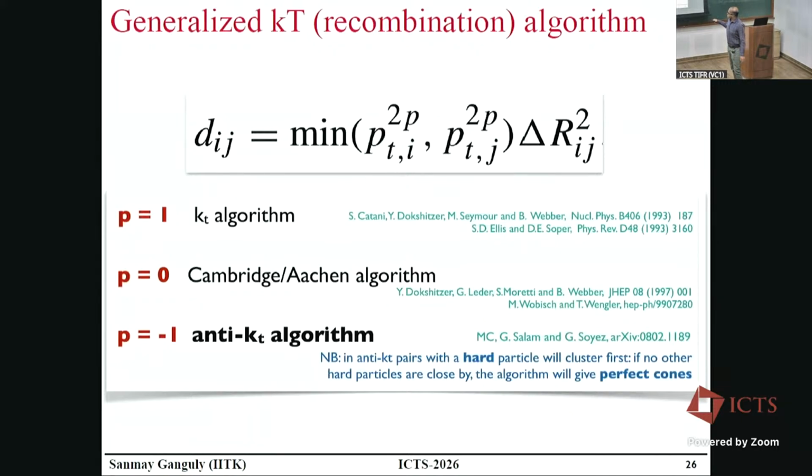First of all, remember that when you plug p equal to 0, these are circular jets, which are Cambridge-Aachen jets. In the eta-phi plane, anti-KT jets are not perfectly circular. And the jet shape played a huge role, at least for run 1 LHC, for pileup removal. I don't know if you're aware of the concept of pileup, but at run 1 LHC, all the pileup removal was area-based. Of course, we don't use that anymore.